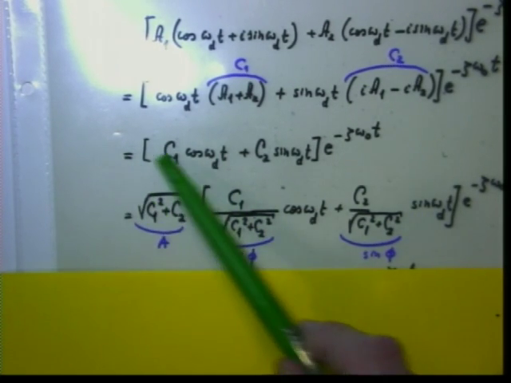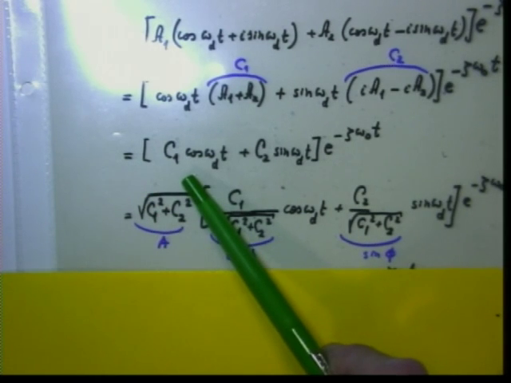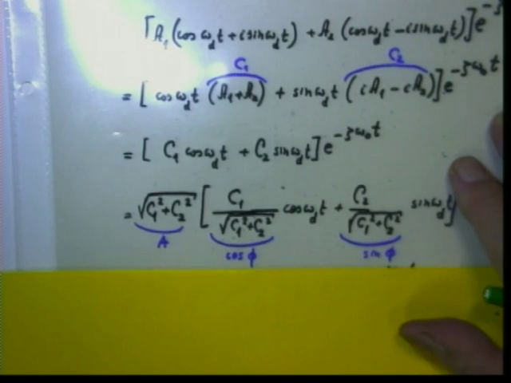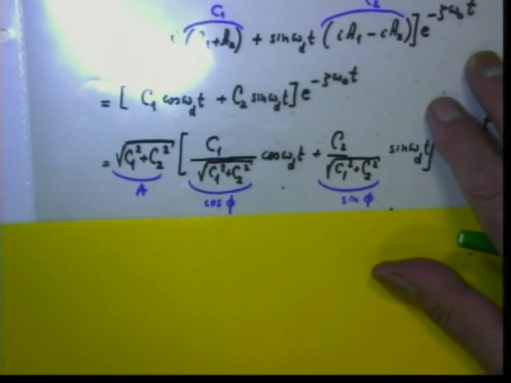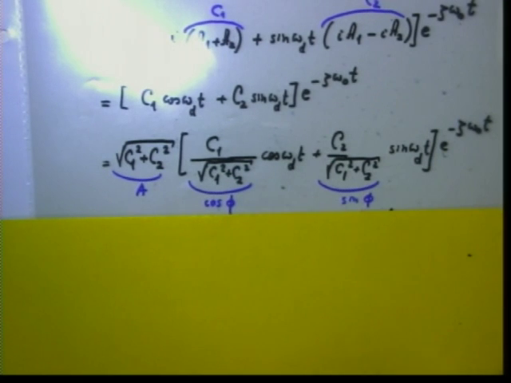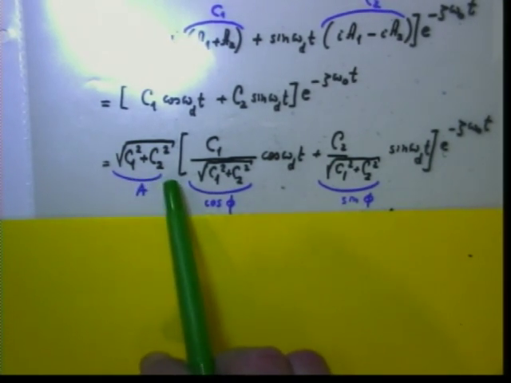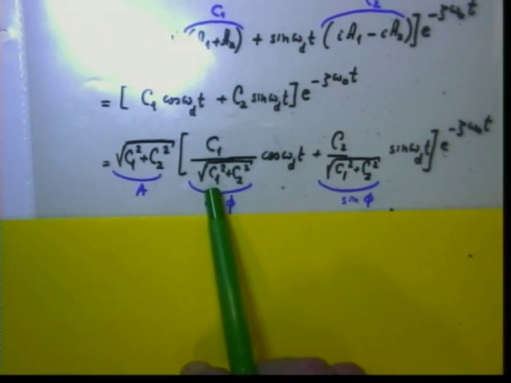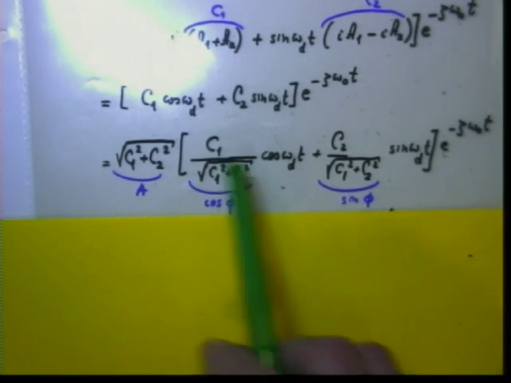Now we write another representation, and we write here x of t. So I have square root C1 squared plus C2 squared. I just multiply everything by it, and naturally I have to divide by it also. So I divide also by square root of C1 squared plus C2 squared, both terms.